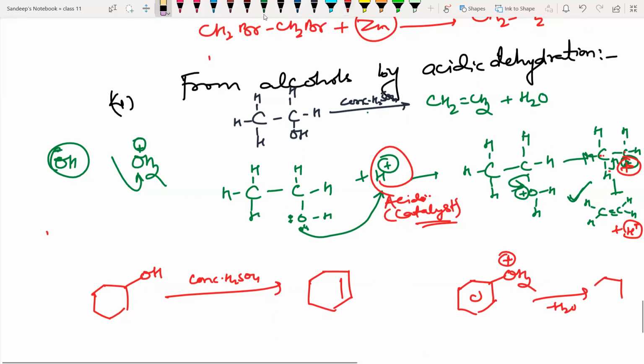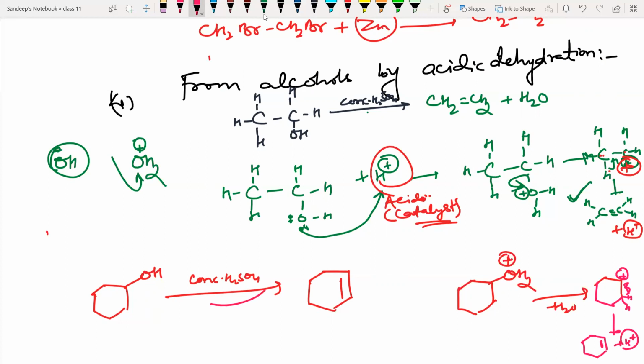It's not benzene, it's a cyclohexane derivative. Now here is a hydrogen. This hydrogen will give the electron, so a double bond will be formed here and the proton will be eliminated.